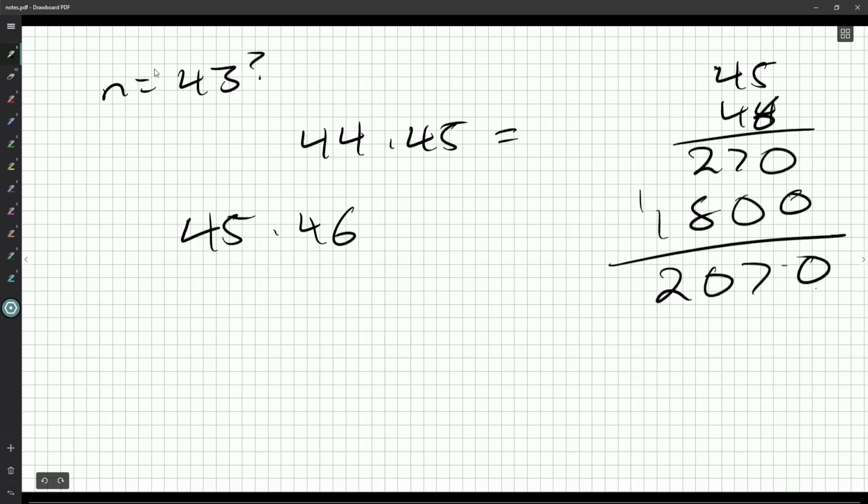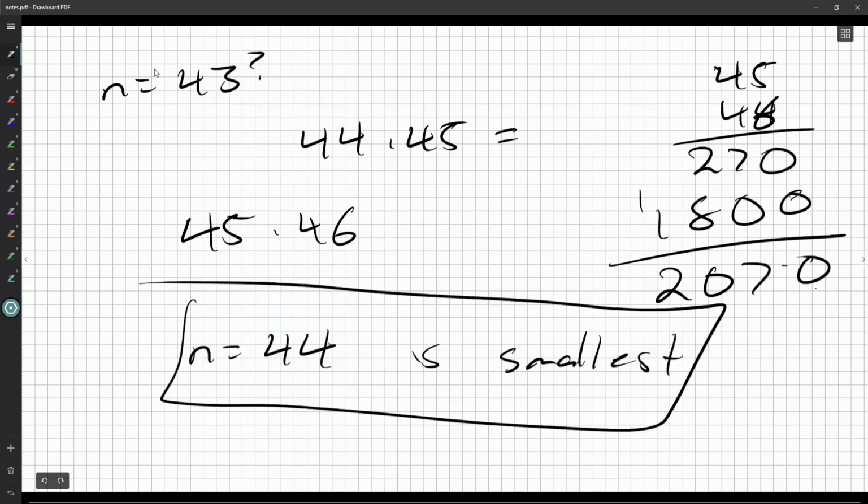Wait, what? How is that bigger? It's not. So... Oh, right, because I was saying 45 squared should be smaller than that. So, okay, yeah. So 43 won't work. 44 clearly does work. So n equals 44 is smallest.